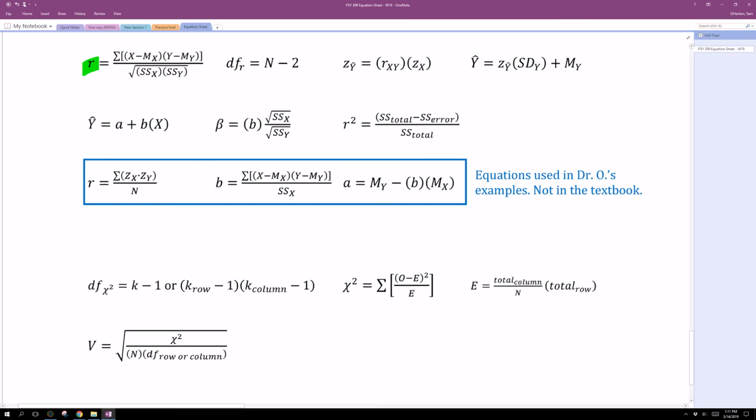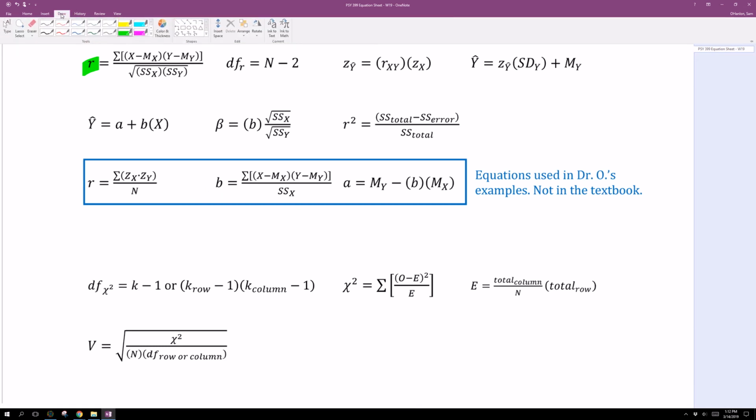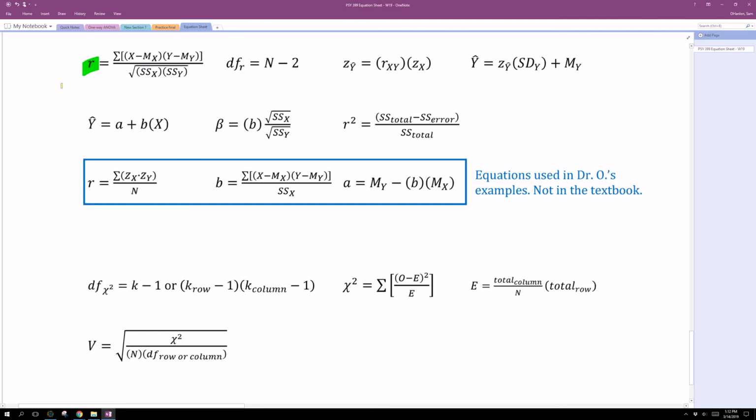Now, to get from the correlation coefficient to the regression equation, we have to use some method of calculating the slope and the intercept. I prefer using these ones down in this box because it's a lot easier. You already have all of the information that you need.